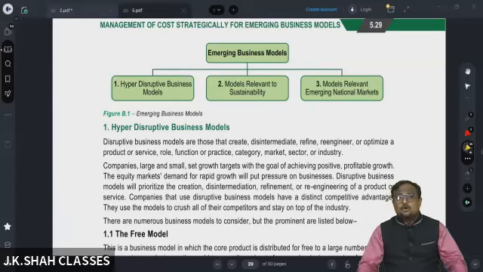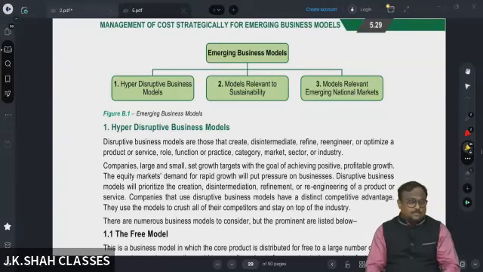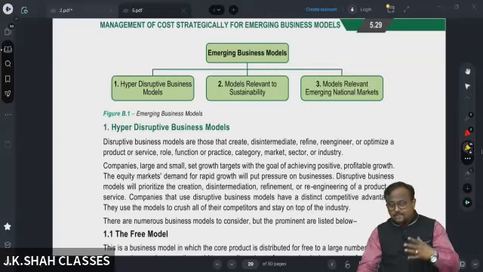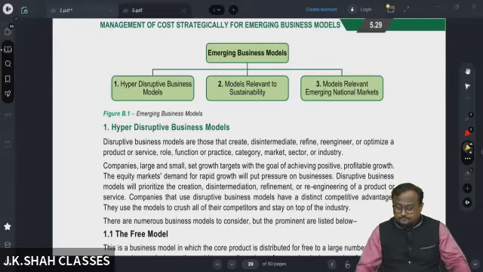Then you also focus on sustainability. Sustainability, when you talk about, it is related to your economic sustainability or your social, environmental sustainability. And finally, we will be talking about how to deal with emerging national markets.